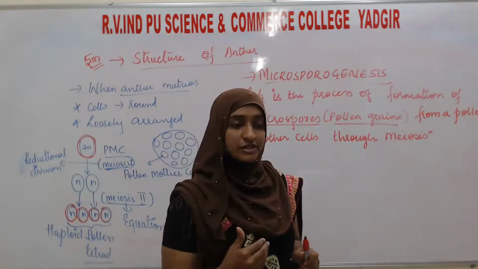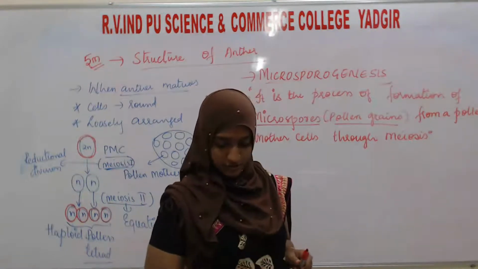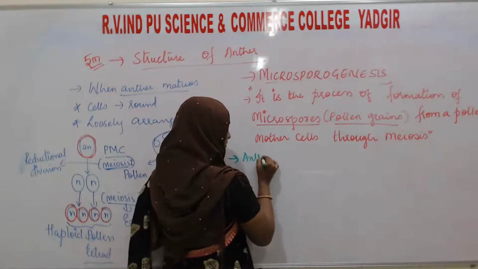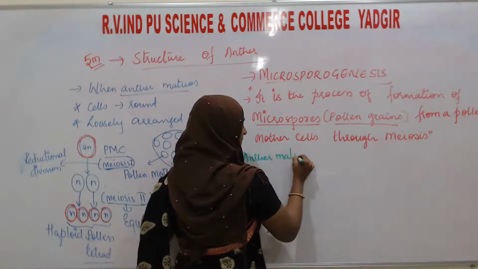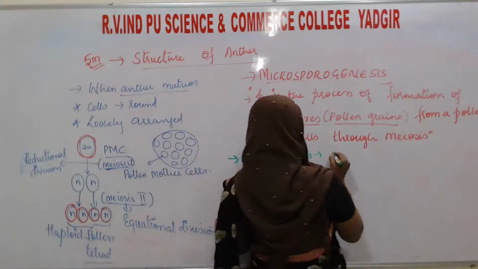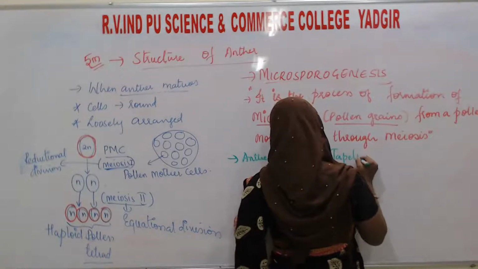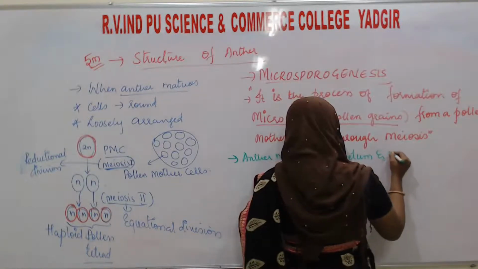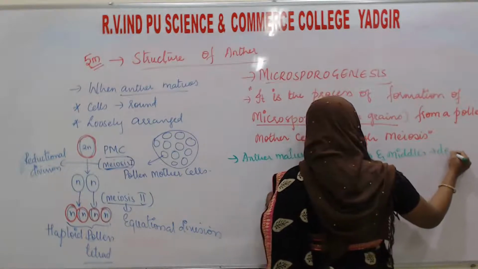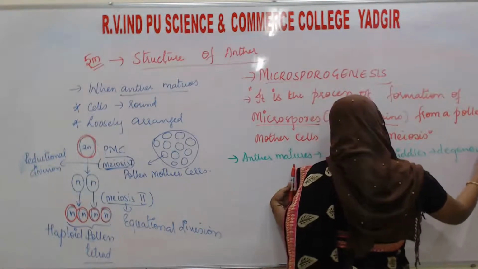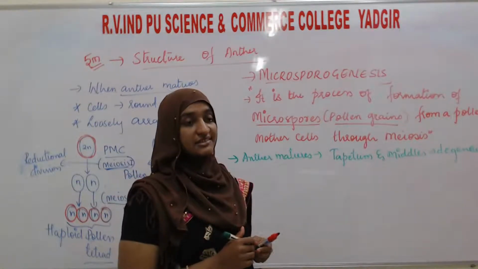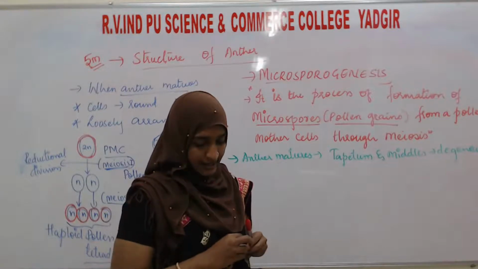So, when the anther matures, the tapetum and middle layers get degenerated because they have to dehisce the anther. Dehisce means they have to break the anther.